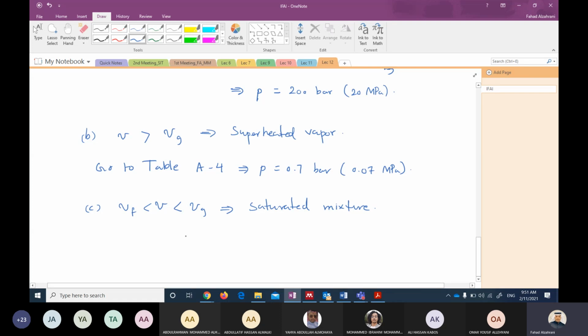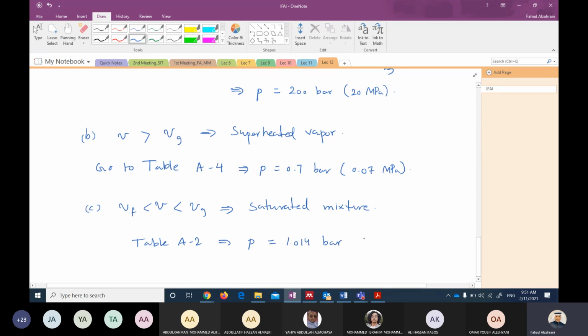Okay. So the pressure is from the same table, table A2. What's the pressure? 1.4289? How much? 1.4289? Why 1.4? Are you sure? 1.014. 1.014, so approximately 1 bar. 1.014 bar.